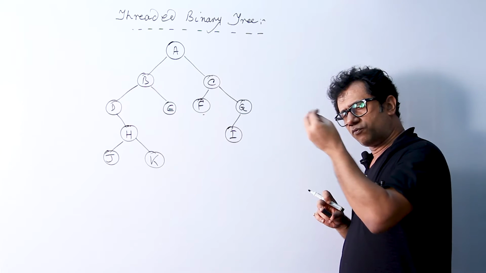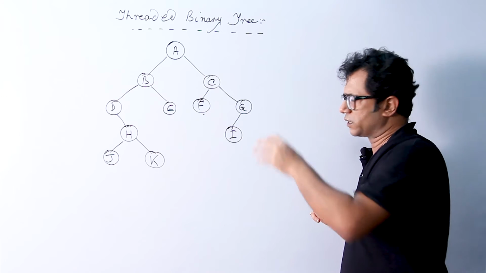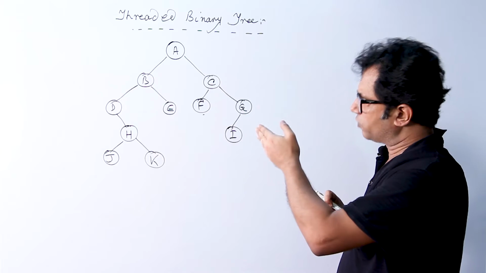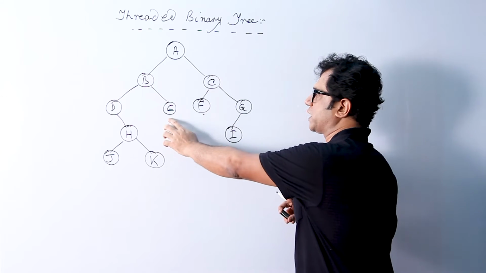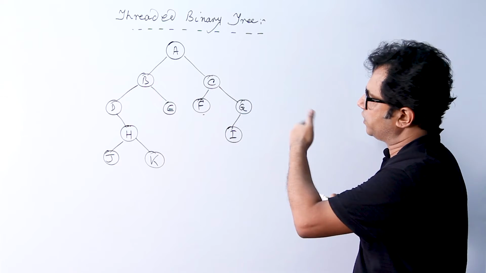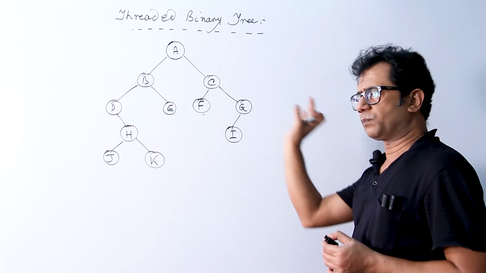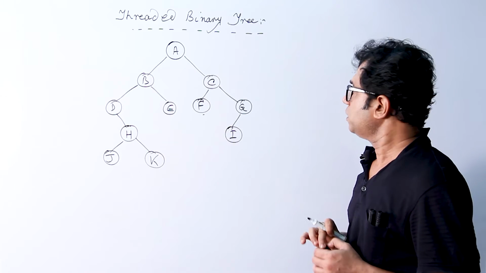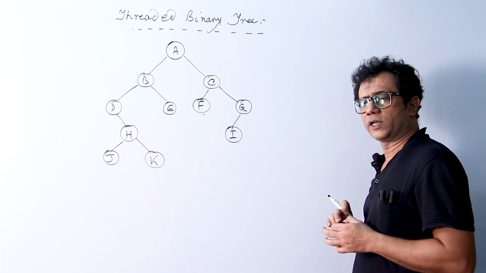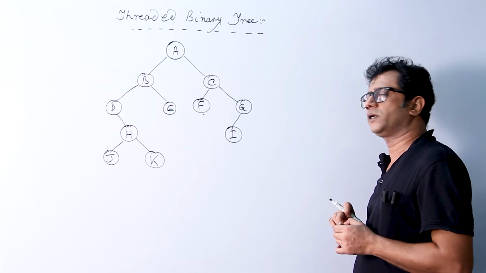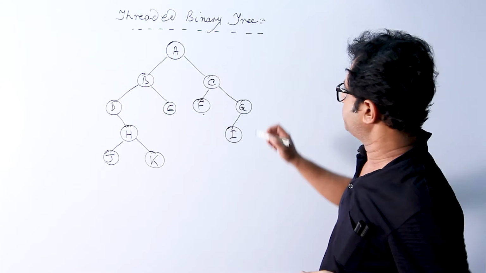And the node which follows the particular node under consideration in the inorder traversal sequence is called the inorder successor. The right null pointer goes to point to the inorder successor and the left null pointer goes to point to the inorder predecessor.